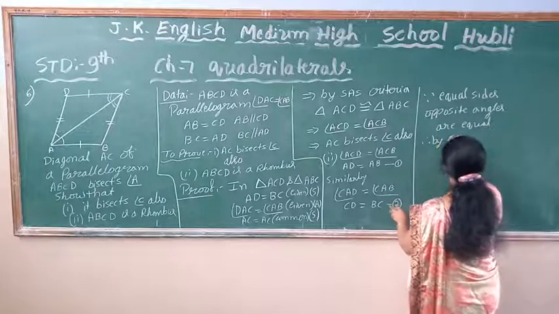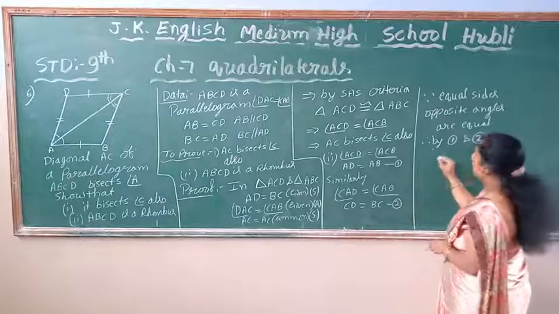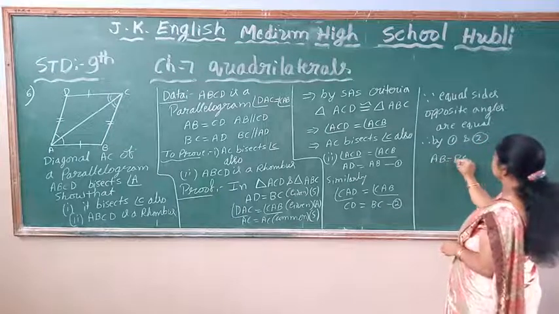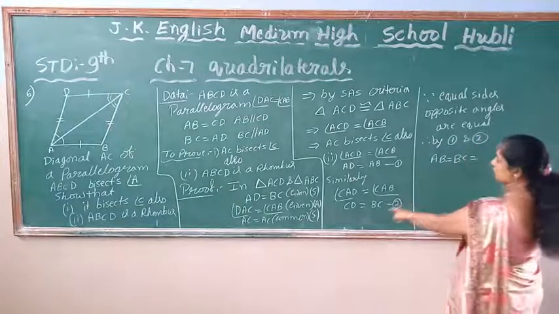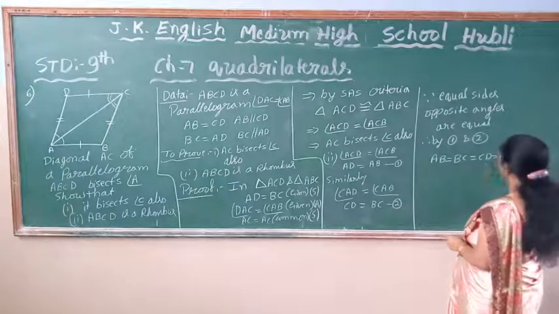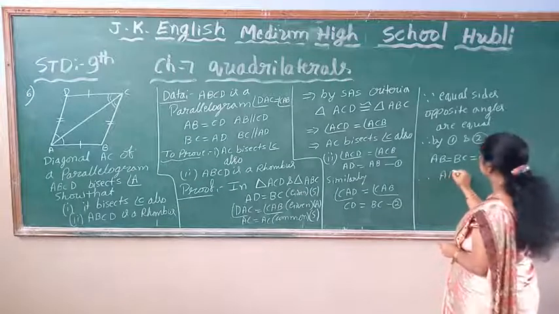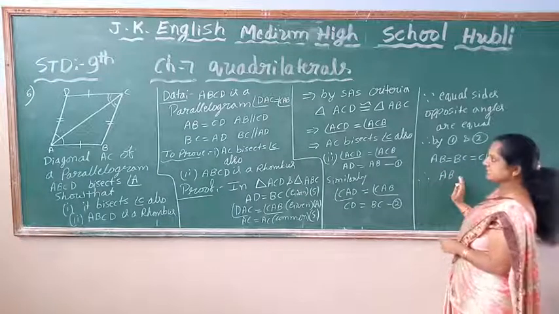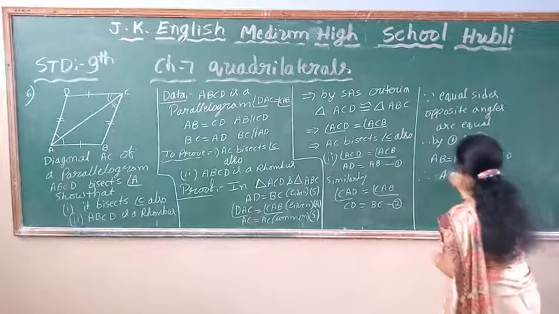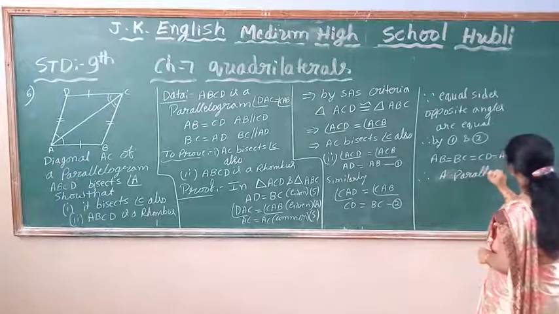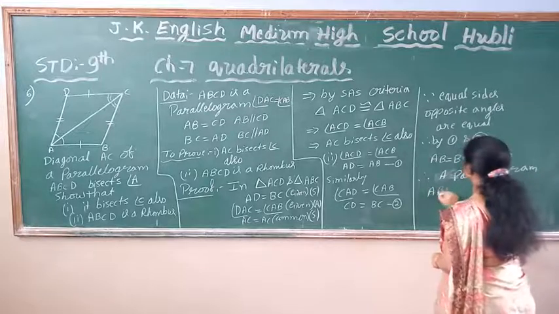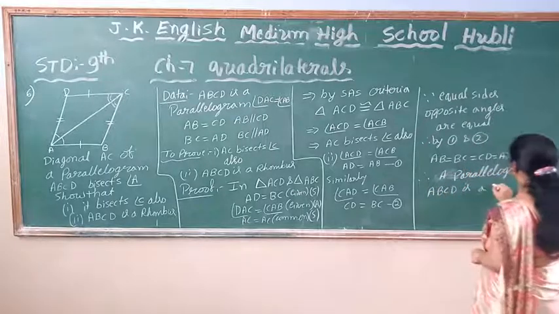by equation 1 and 2 we prove now AB is equal to BC is equal to CD is equal to AD. Therefore, the parallelogram ABCD is a rhombus.